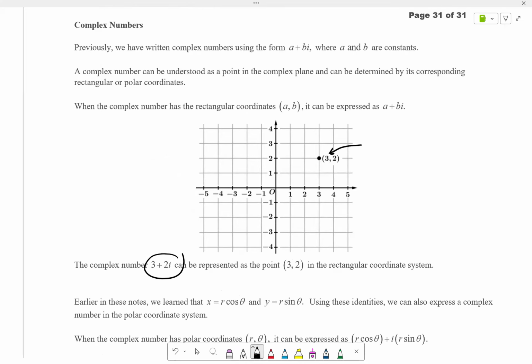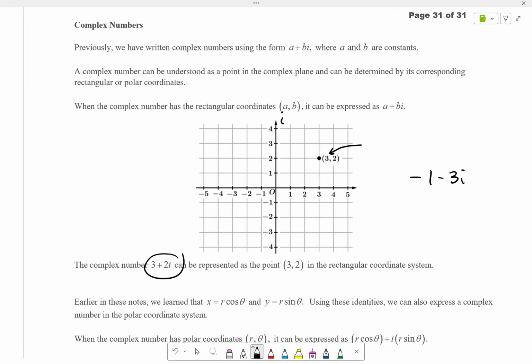Because what we have is one axis is real, the other axis is imaginary. So this, I'm going to put an i. When you graph 3 plus 2i, it's the same thing as going to 3. If I want you to graph the number -1 minus 3i, would that be difficult?